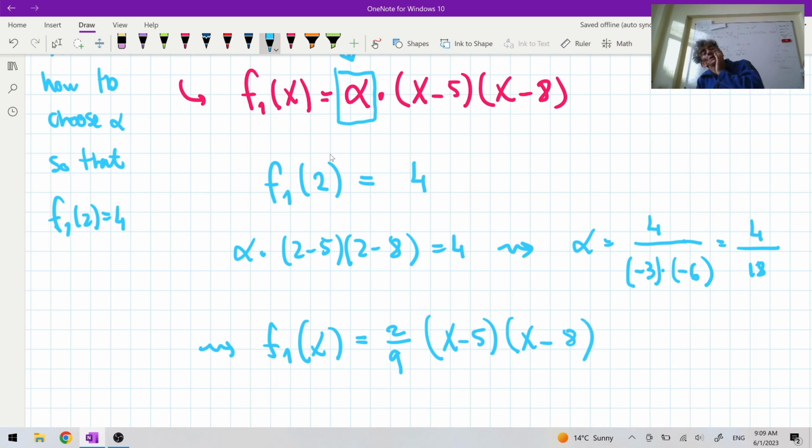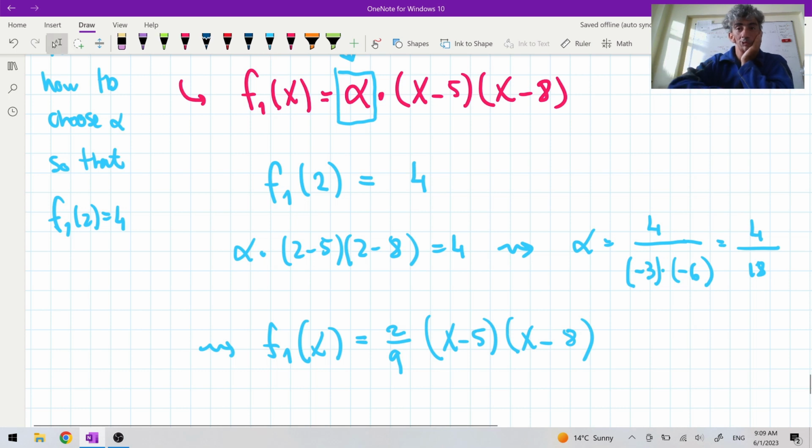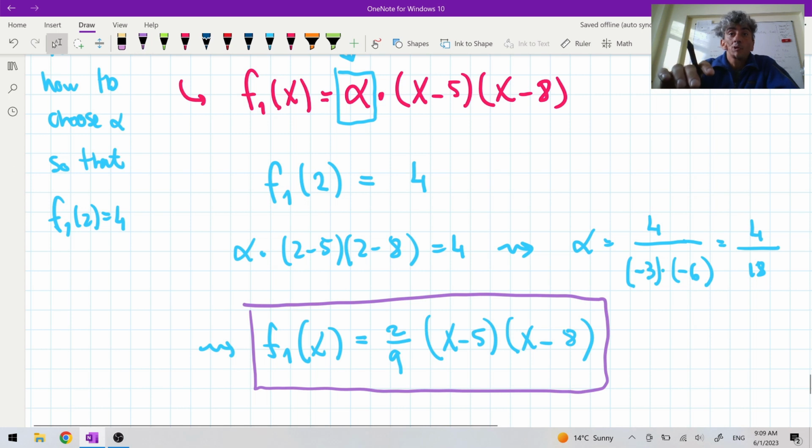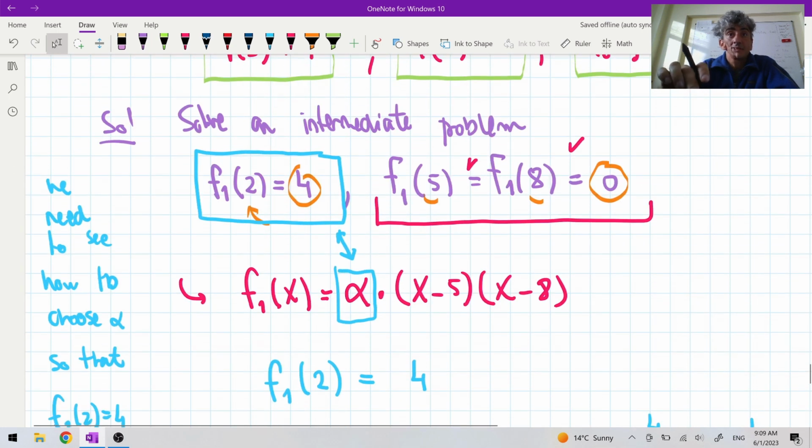All right. So this polynomial is a simple polynomial which vanishes at 5 and 8, and it takes the value 4 when we plug in 2.